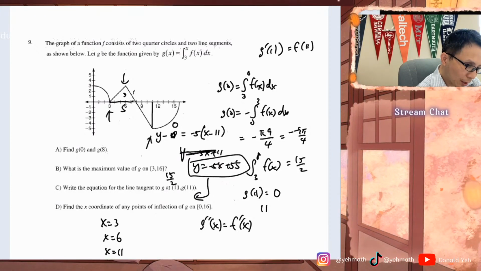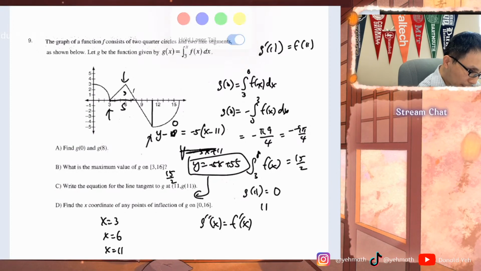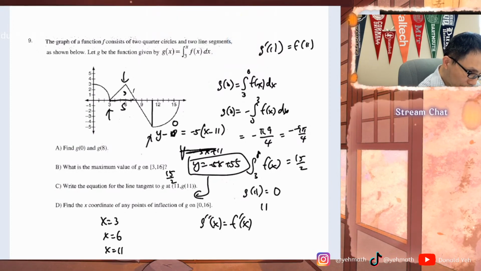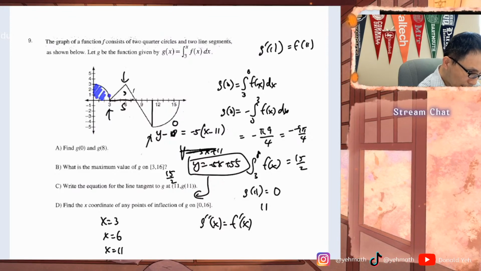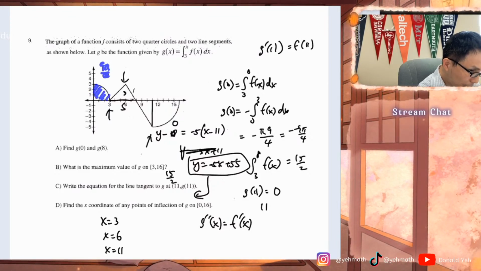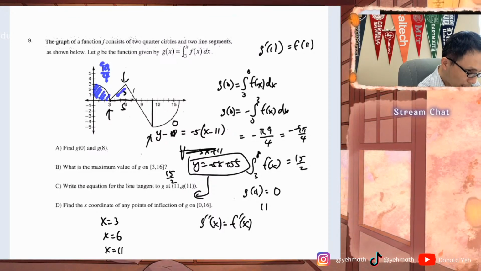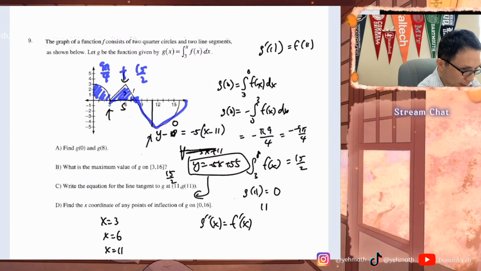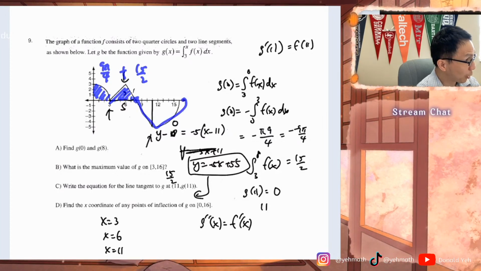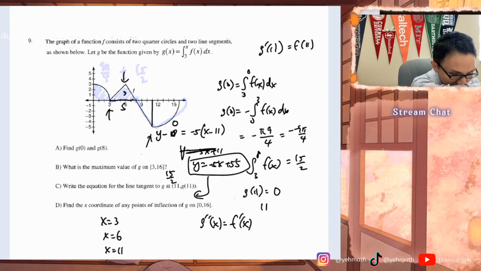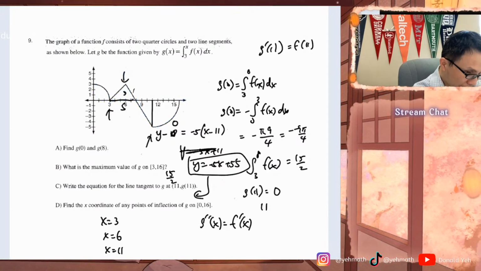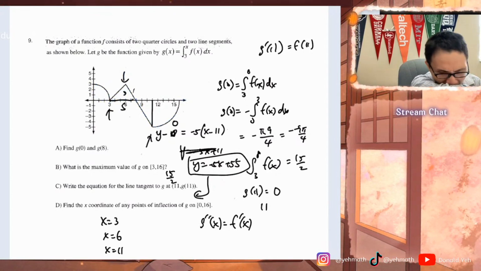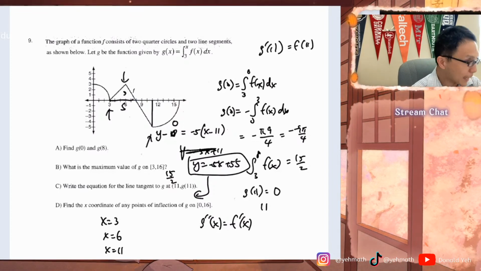If you have area here, and I'm going to use the blue for adding, this is going to be 9 pi over 4, I believe, and this is going to be 15 over 2, I believe. So just adding. After this point, it's all subtracting because it's below the x-axis. So it only occurs at this point, which is at 8.